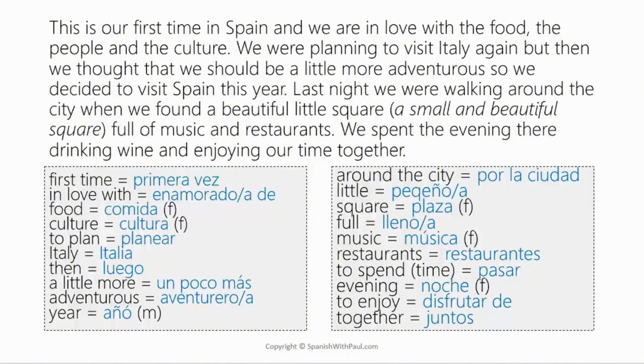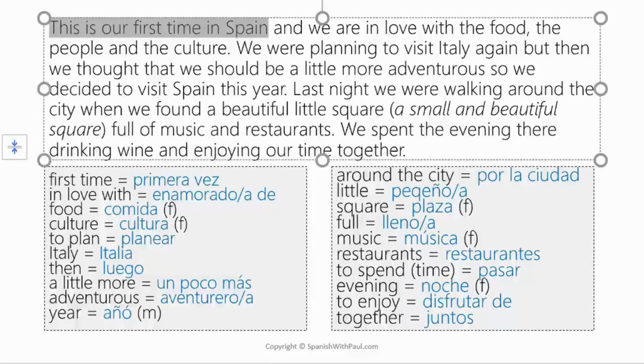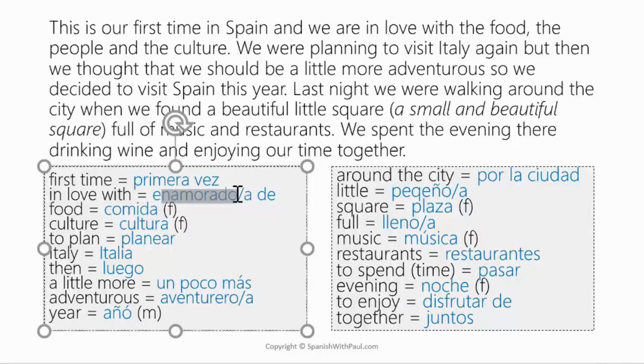All right, so reading through it, it would be, this is our first time. Esta es nuestra primera vez en España. Y we are in love with the food. So estamos for we are, and then enamorados because we're referring to we.